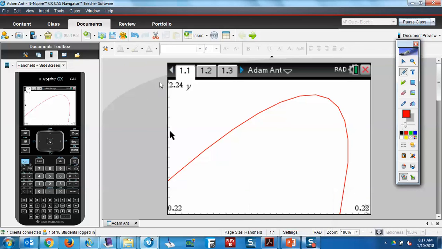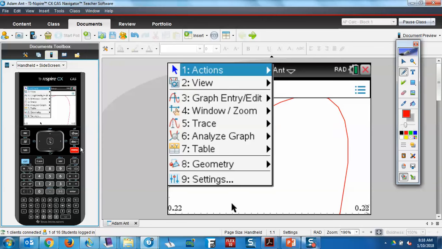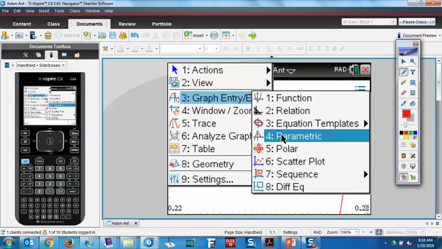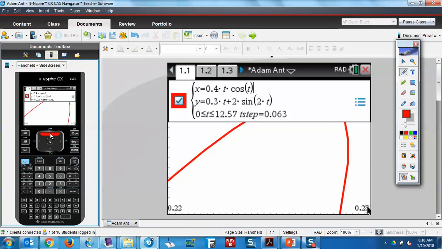Okay? All right, now you'll notice here on my T graph, there it is. In my graph here, I've got the t-step 0.063.